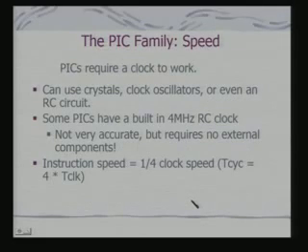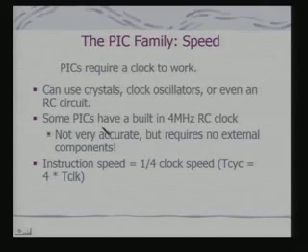Now obviously I have a clock generator block, and you know that all processors require clocks to work with. So PICs also require a clock, and typically it uses crystals or clock oscillators or even an RC circuit. And instruction speed is typically 1/4 of the clock speed.